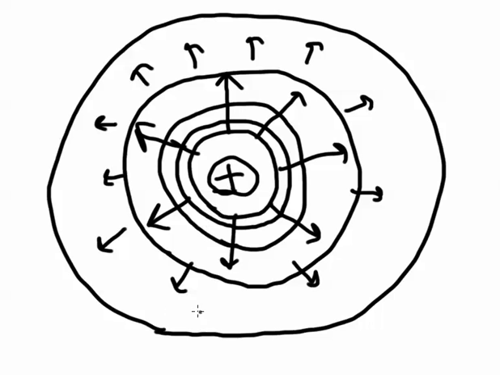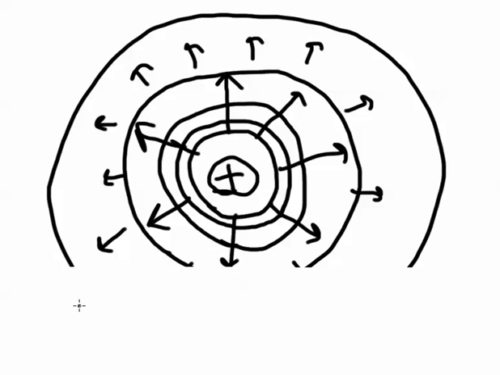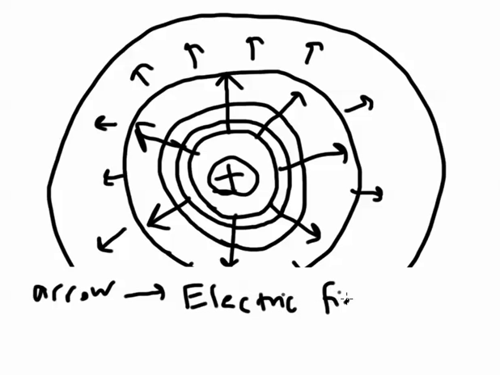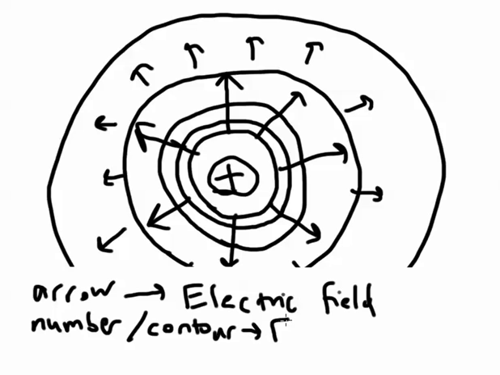So the arrow map here is called the electric field. And the number map, which is the contour lines, is called the electric potential.